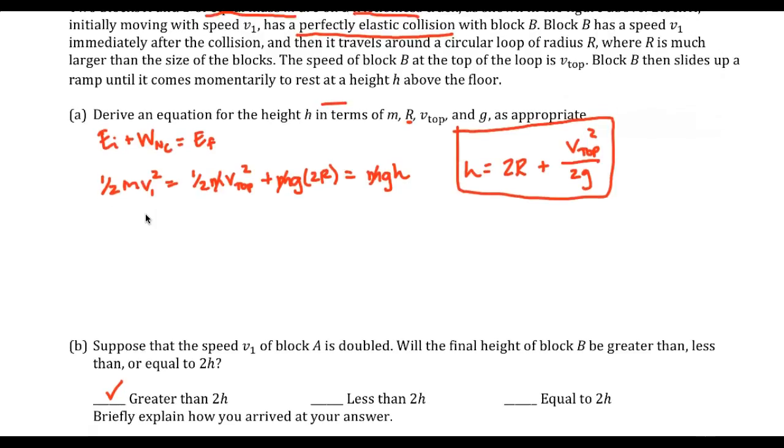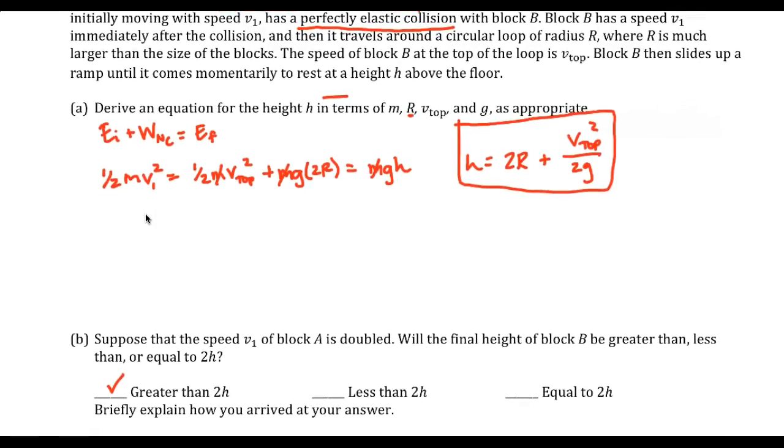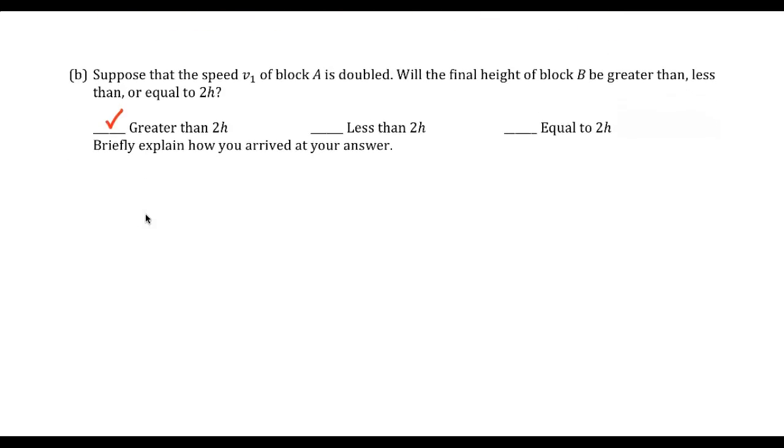And so let's look at where that comes from. 1/2 m v_i squared equals mgh. And if I look at this relationship here, by doubling this initial speed, I essentially quadruple my height, keeping all things equal.